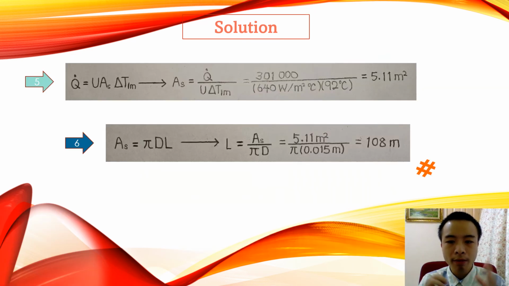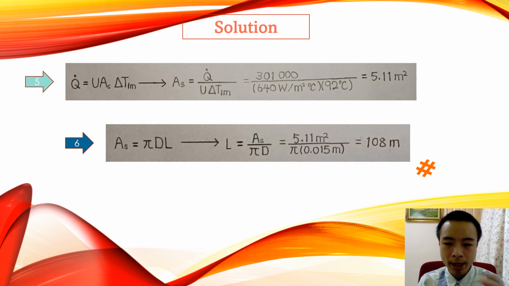Then the surface area of the heat exchanger can be calculated from the formula As equals Q dot divided by overall heat transfer coefficient times delta T_LM, and we will get 5.11 meters square as the answer.